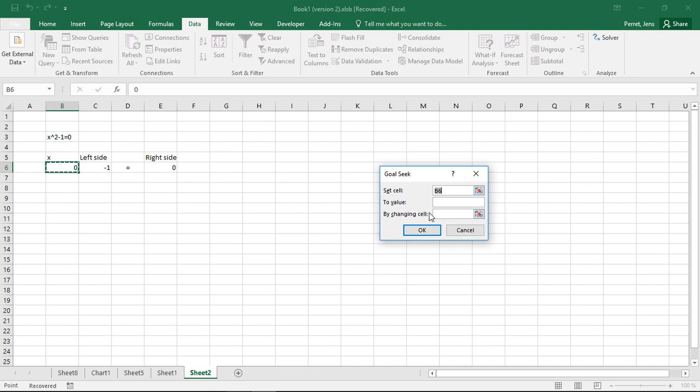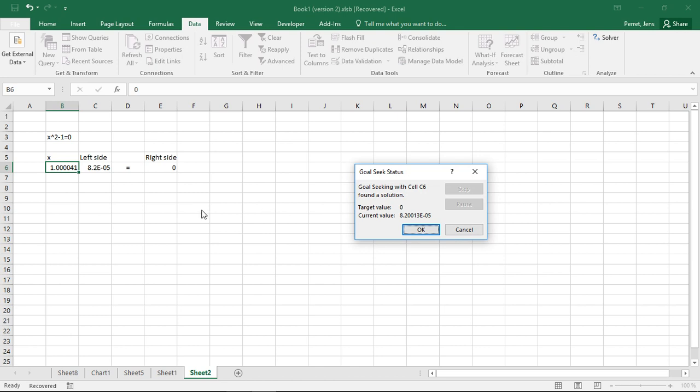So to value, that's actually my right side. My set cell, that's the left side. So it basically reads left side equal to right side. That's why it's so important to have the right side being a number like 0. And then by changing cell, that's the x.